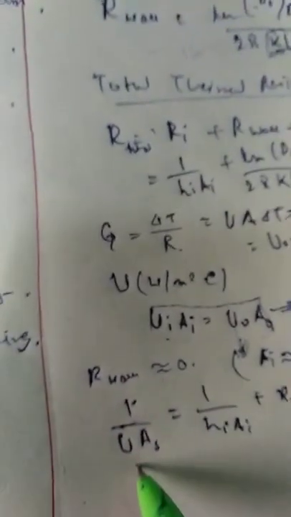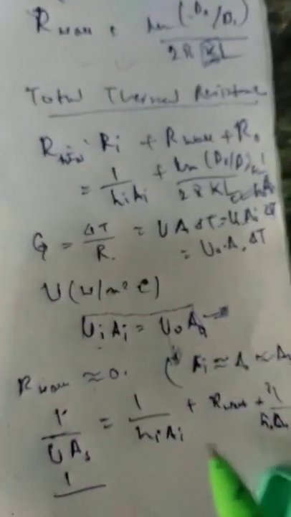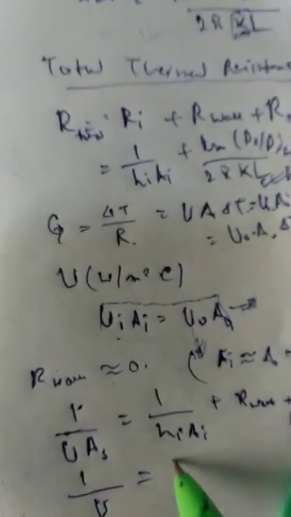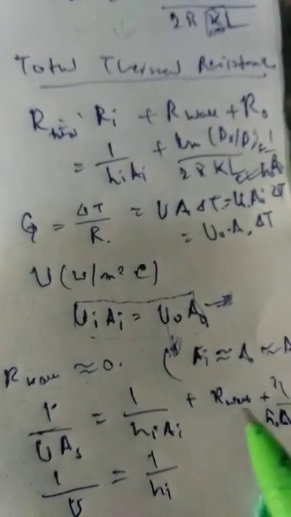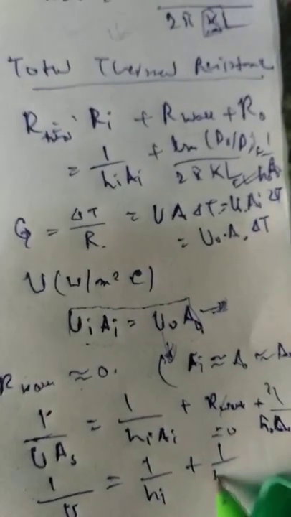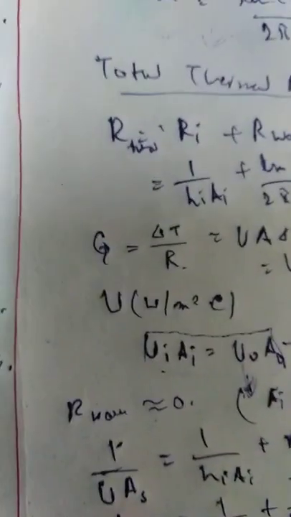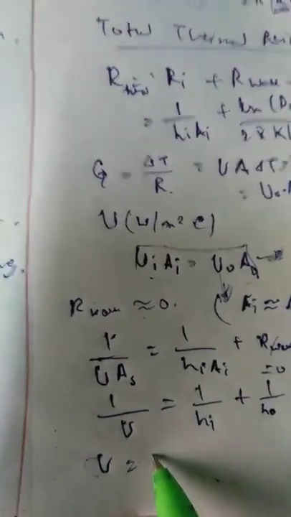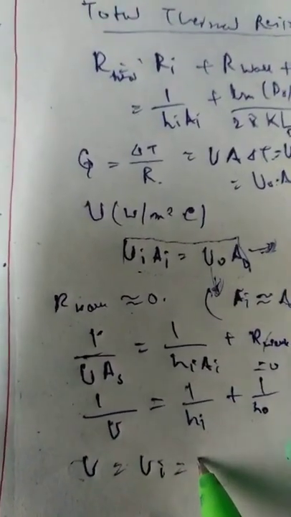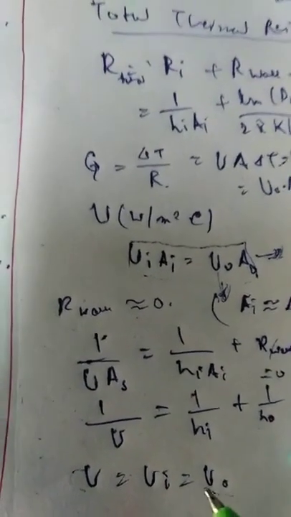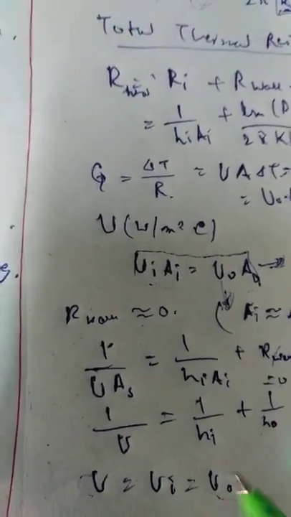So 1 by U AS, now AS is equal to AI is equal to AO. So we can write that 1 by U is equal to 1 by HI, plus R wall, which is equal to 0, plus 1 by H naught. So here UI is equal to UO because the areas are equal.